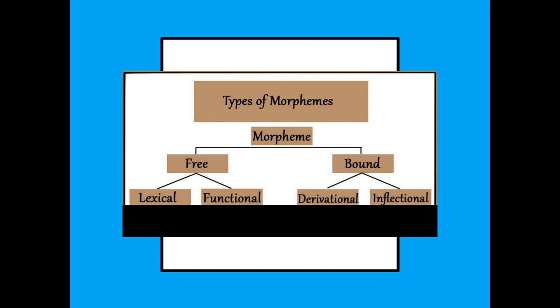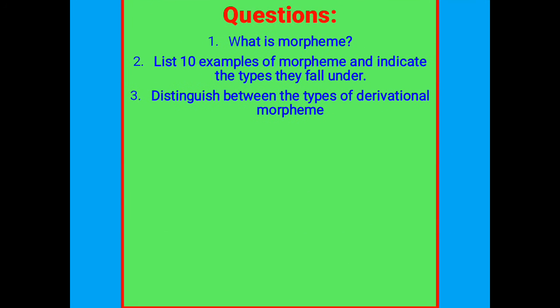But before that, let me ask these questions. Answer these questions in your English language exercise book. Question number 1. What is a morpheme? You explain what a morpheme is. Question number 2. List 10 examples of morpheme and indicate the types they fall under.